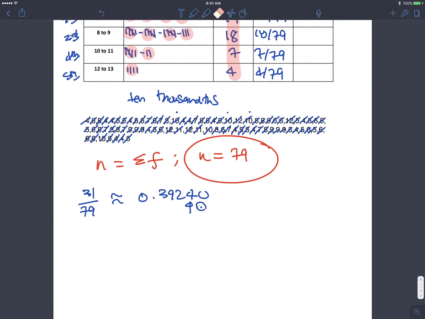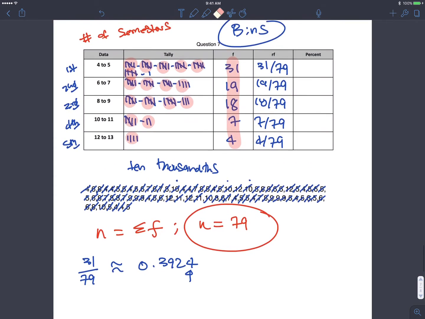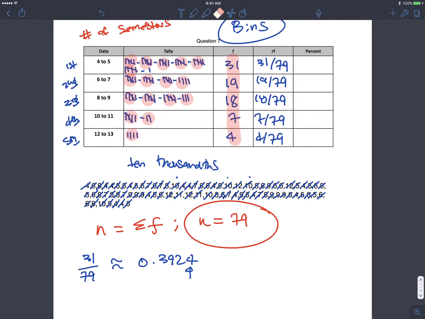And that means leave it alone. 0.3924 is our relative frequency. Let's go back. 0.3924, oops, sorry. Let's do that there. 39.24% then. That's what we got.